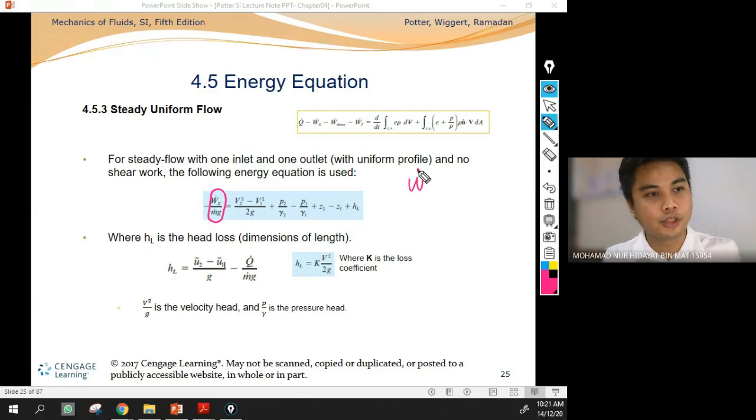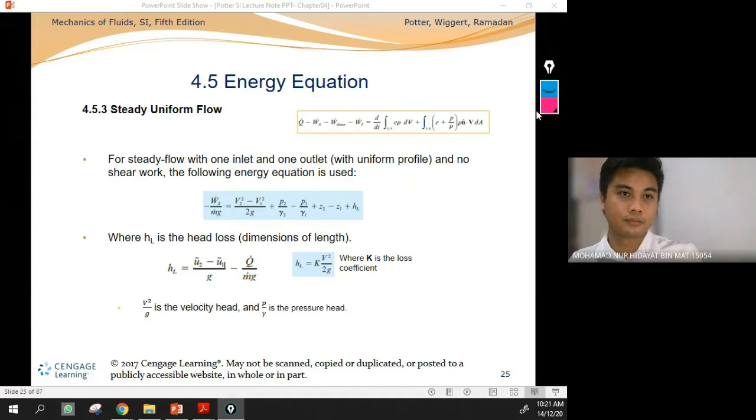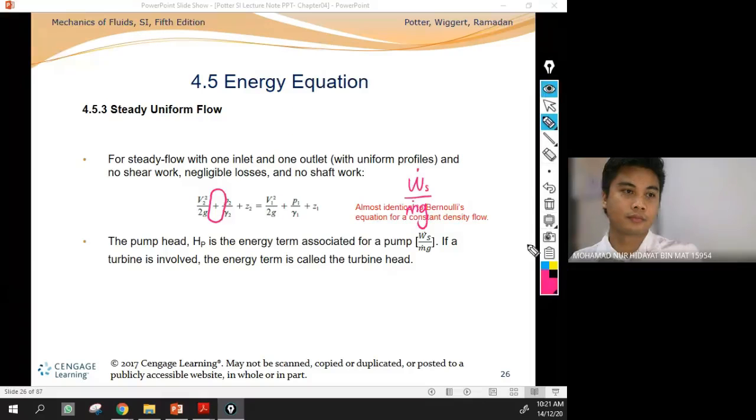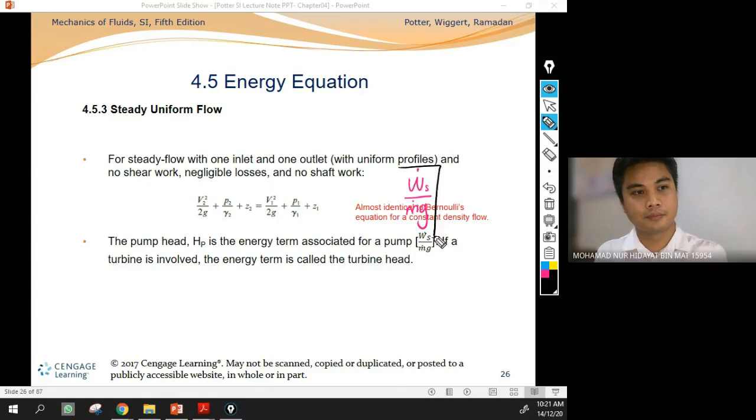W dot S over M G. So this term, when there is the pump, for example, this is the control volume, there is the pump.